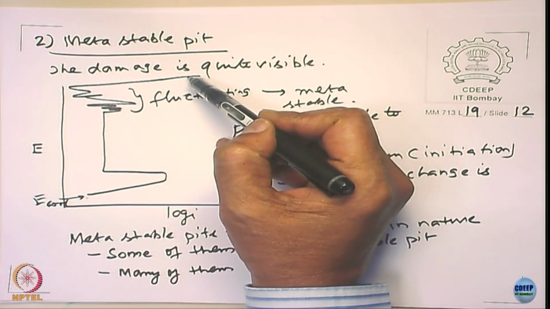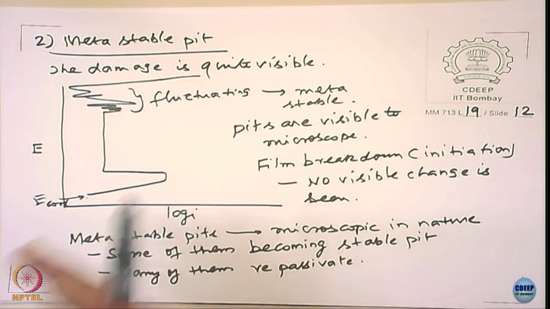At this particular potential, it means a stable pit. So the so-called E pit you describe is nothing but the potential at which the pit that forms becomes stable, okay. The pit does not disappear above that particular potential. At E pit and above, the chances of the pit remaining stable is very high.